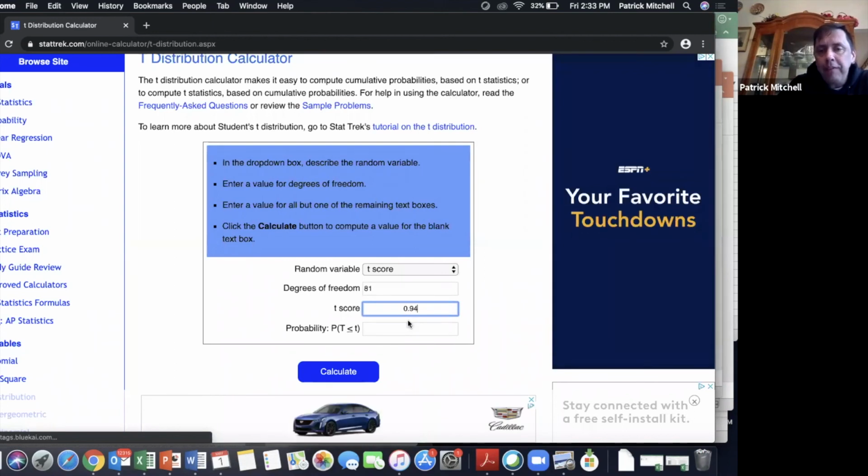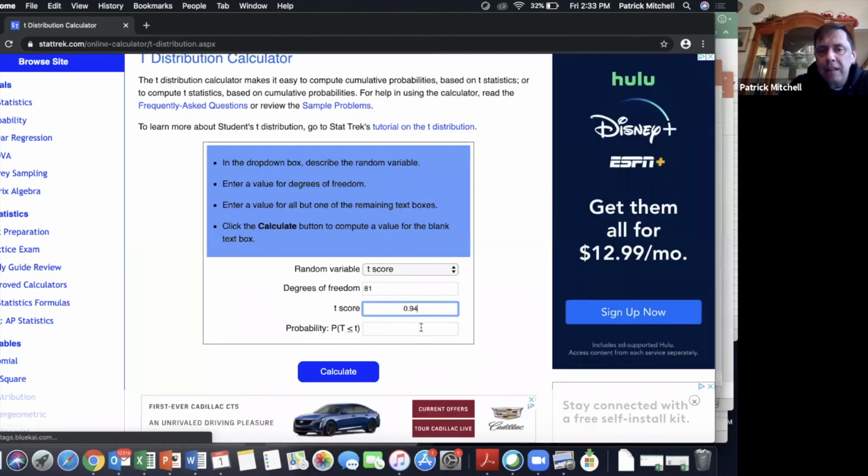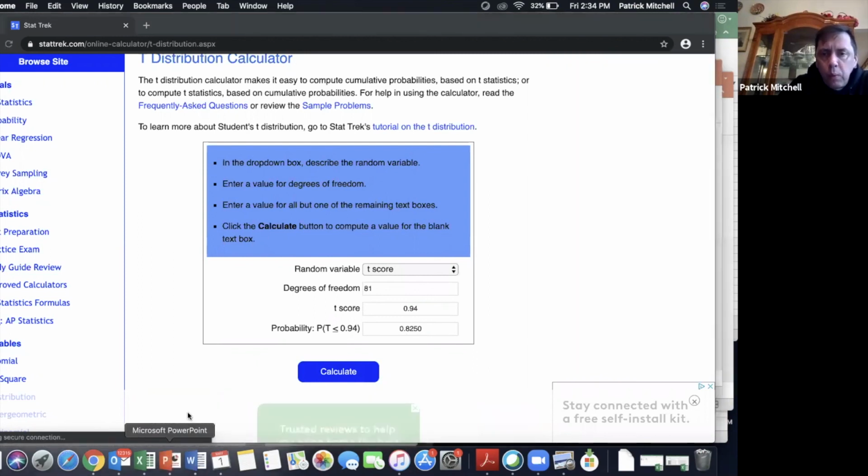So to get my p-value, I'm going to subtract this value from 1. So we hit calculate, we come up with 0.825. 1 minus 0.825 is 0.175. So that's very, very close to the p-value that they gave us, which was 0.174.